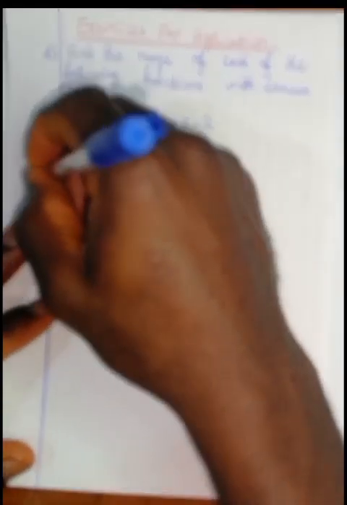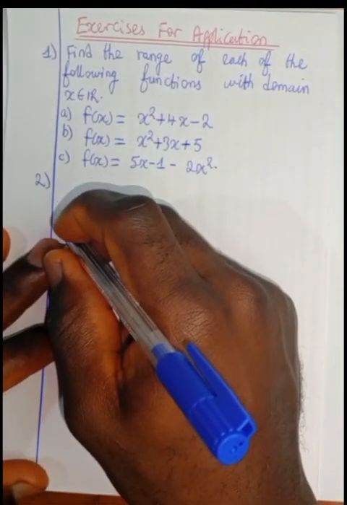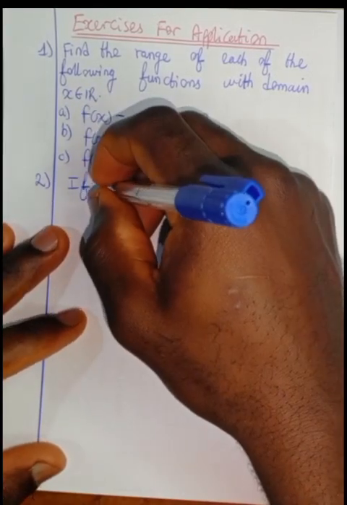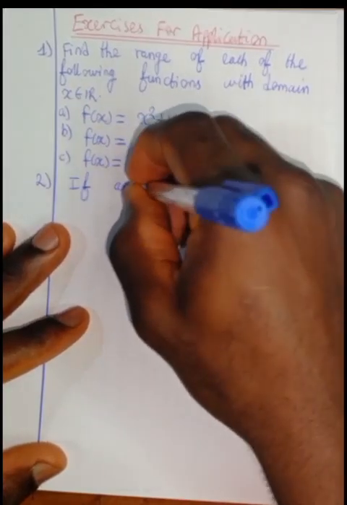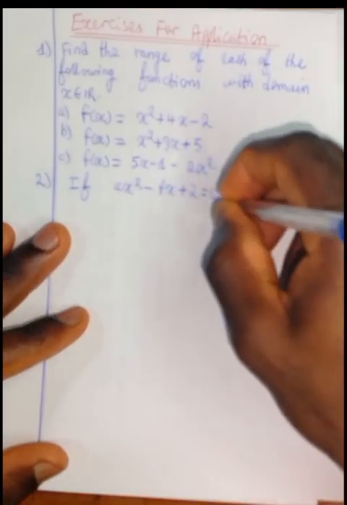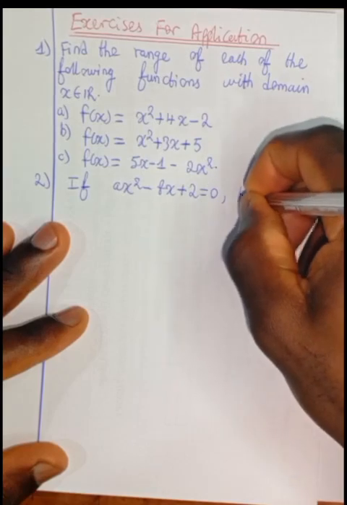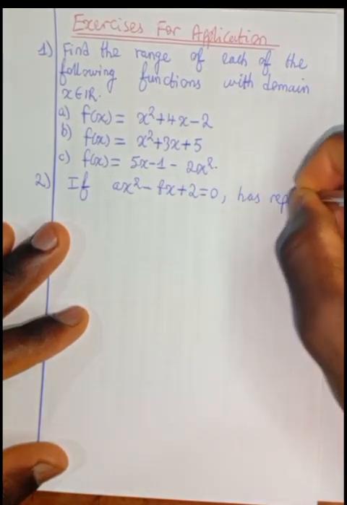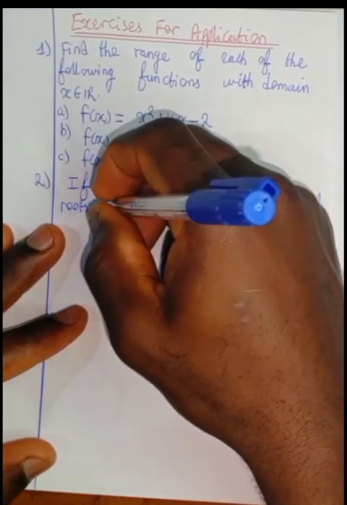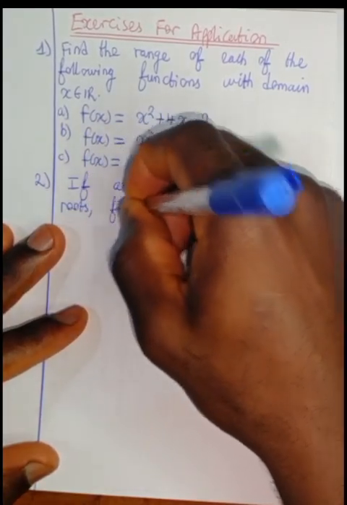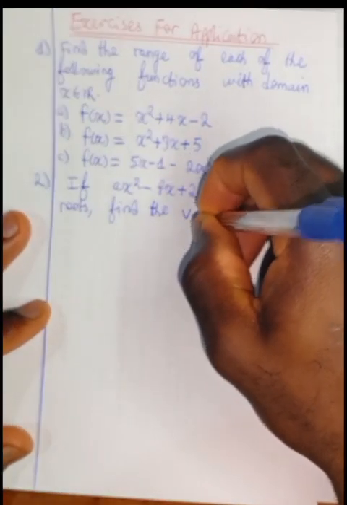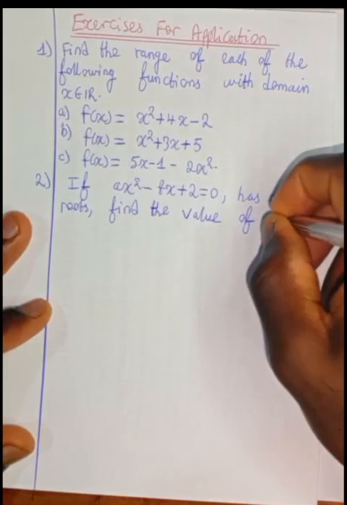We go to question 2, which says if ax squared minus 8x plus 2 is equal to 0 has repeated roots, find the value of a.